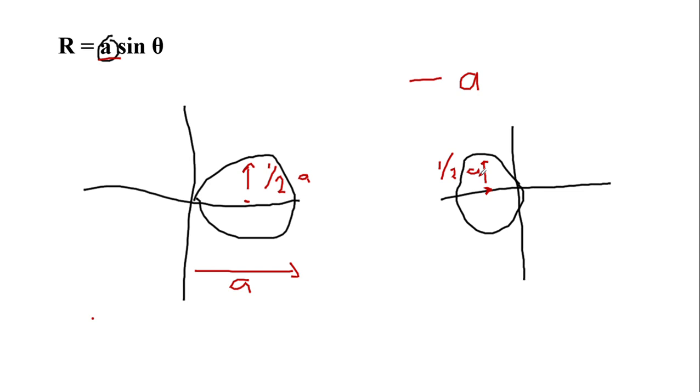Let's consider the a. Then this is the diameter of a. So when our a is positive, the circle will be on the right side, and if it is negative, it will be on the left side.